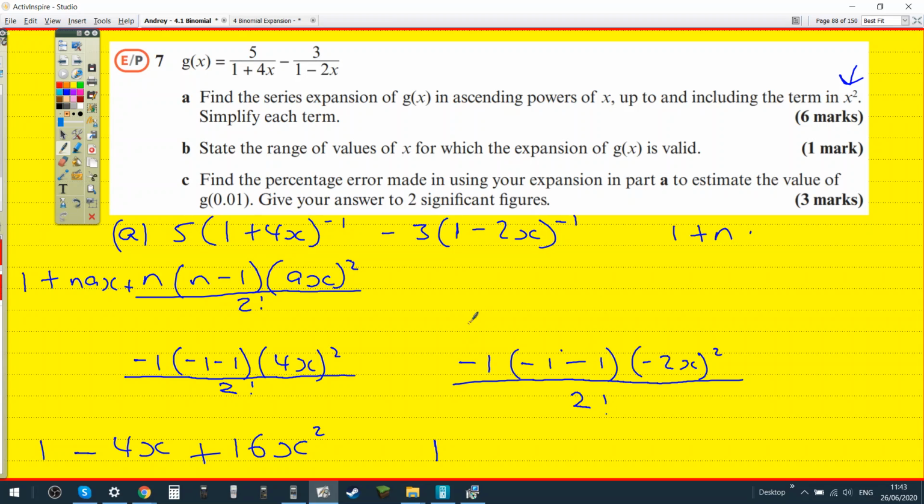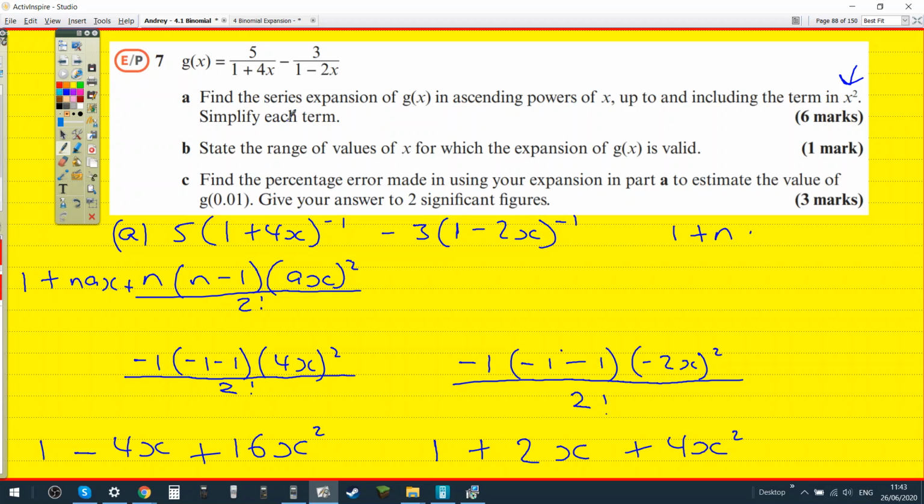Yeah. I got 4x squared. Okay. So the expansion of the first one is 1 minus 4x plus 16x squared. Expansion of the second one is 1 plus 2x plus 4x squared.